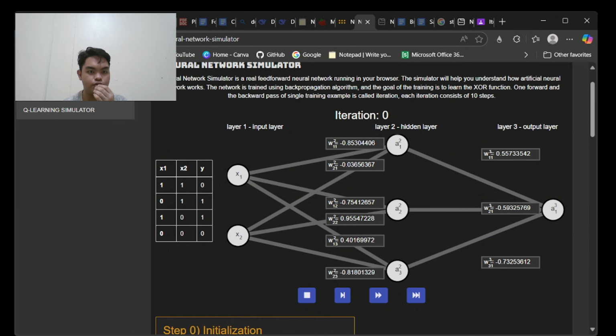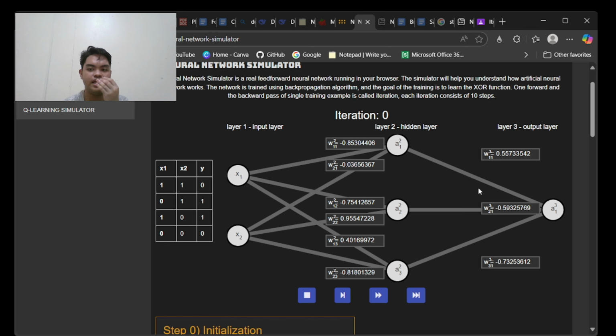Now, we go to the second layer, which is the hidden layer. The hidden layer is composed of three neurons represented by A1, A2, and A3, or A^(2)_1, A^(2)_2, and A^(2)_3. This is crucial because XOR is not linearly separable.